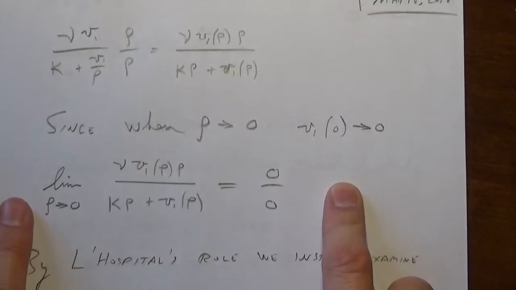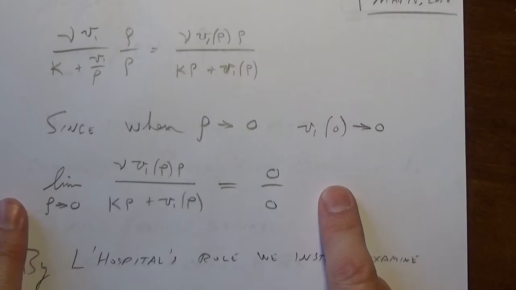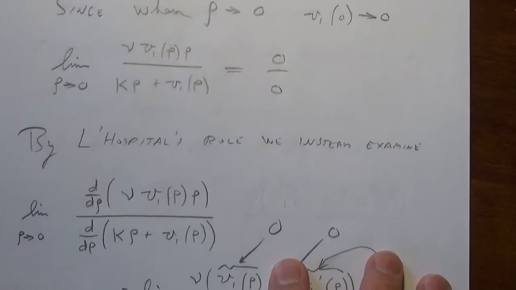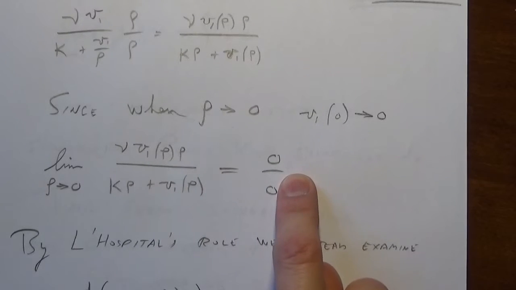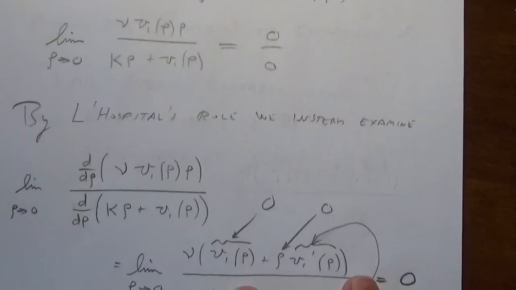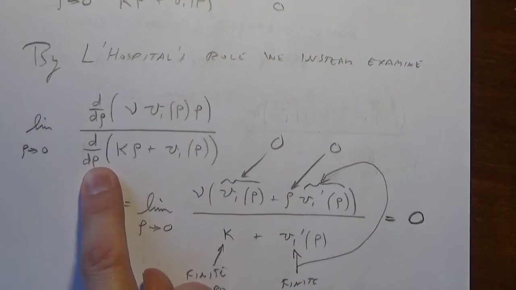L'Hopital's rule says that if you take the limit and you get a 0 over 0, then the limit is instead determined by taking the limit of the derivatives.